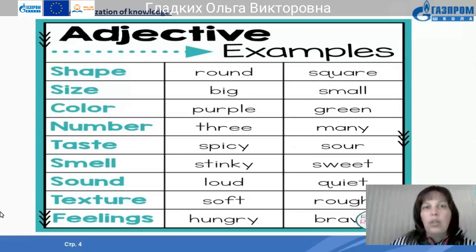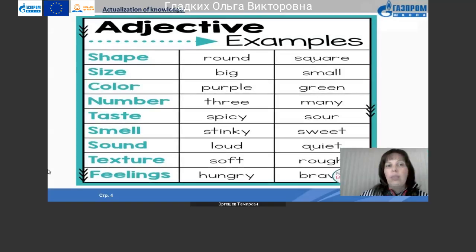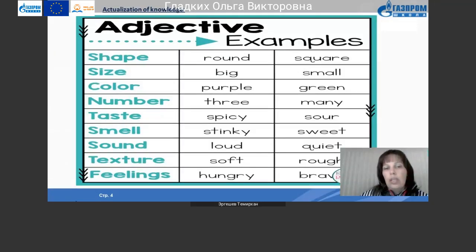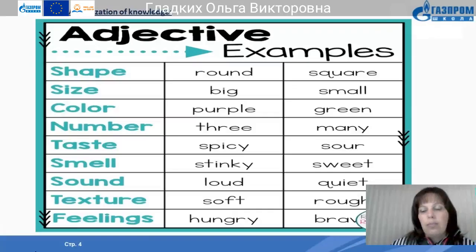Last time we talked about adjectives, and you know that adjectives can help us to describe shape, size, color, number, taste, smell, sound, texture, and feelings.